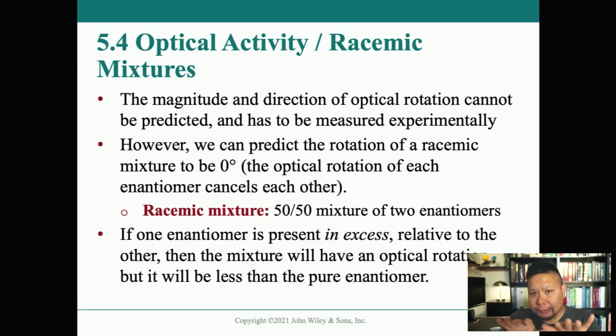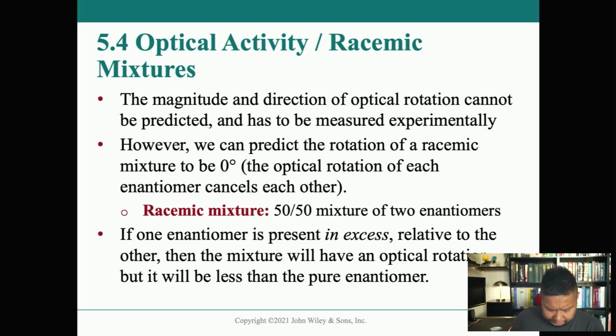And when there's a racemic mixture, one cancels out the other, right? And so that's why the rotation of the racemic mixture will be 0. Meaning the rotation of the light that you pass through it will be 0.